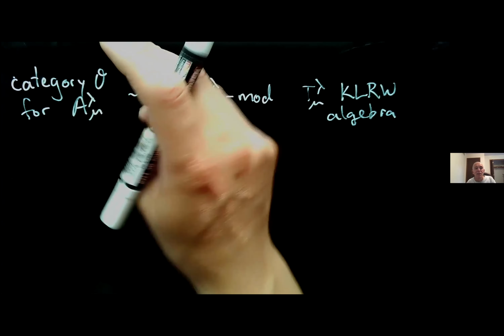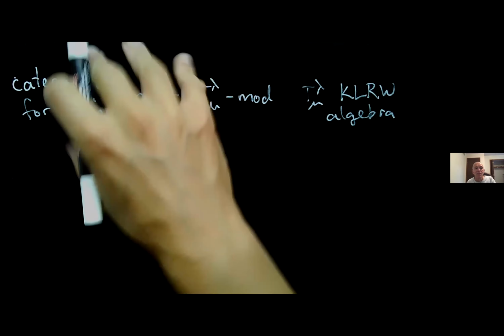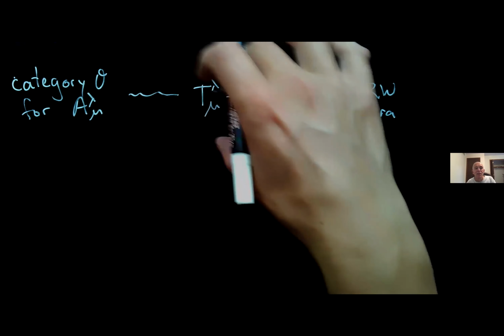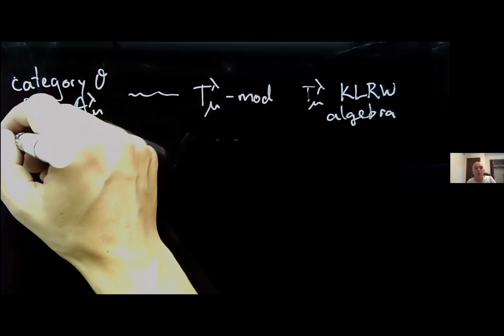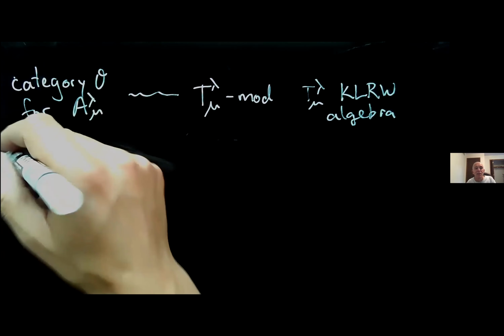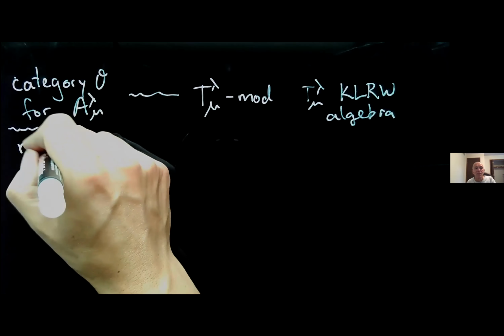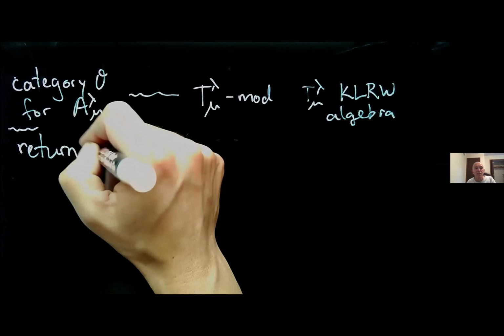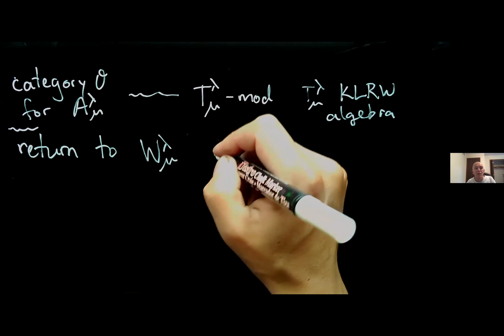So this is not really the main topic of my talk, so I'm not going to go into too much detail, but I'm emphasizing this because we're going to see this algebra in a second. Okay, so now let's return to our affine Grassmannian slices, W lambda mu, and their quantizations called truncated shifted Yangians, Y lambda mu.